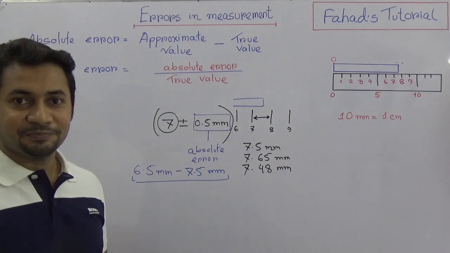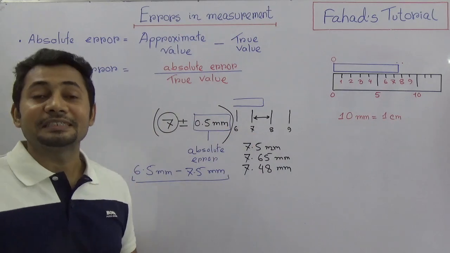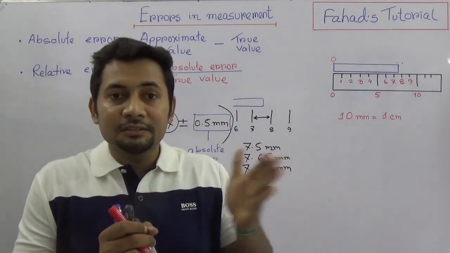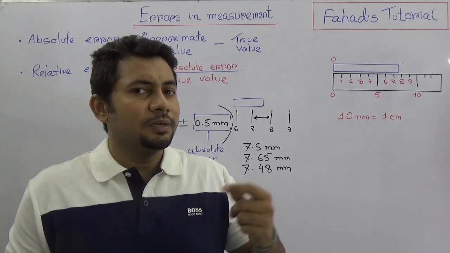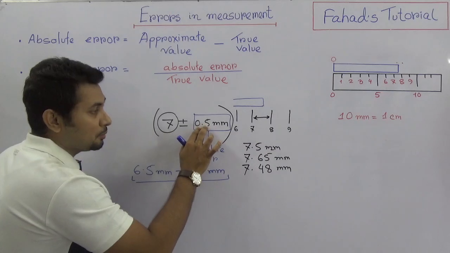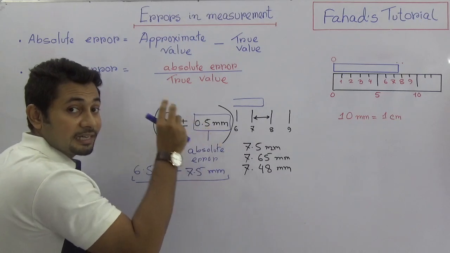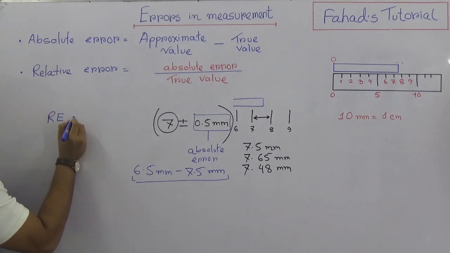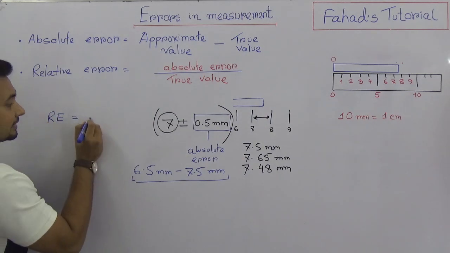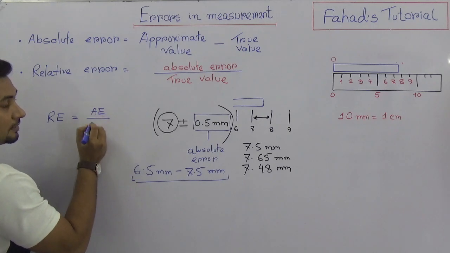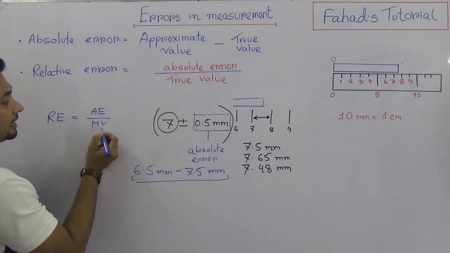When we measure a relative error, it means that it is in relation to the measured value. So think about this one: this 0.5 millimeter is the absolute error. The relative error is the absolute error divided by the measured value.